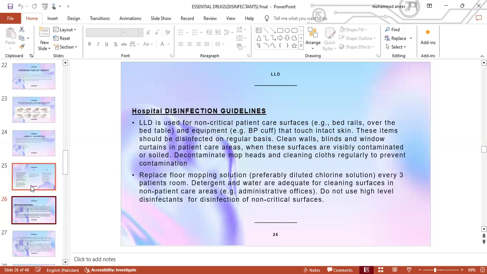Clean the walls, blinds, and window curtains in patient care areas when these surfaces are visibly contaminated or soiled. Decontaminate the mop heads and cleaning cloths regularly to prevent contamination. Replace the floor mopping solution, preferably diluted chlorine solution, every 3 patient rooms. Detergent and water are adequate for cleaning surfaces in non-patient care areas. Do not use high levels of disinfectants for disinfection of non-critical surfaces.